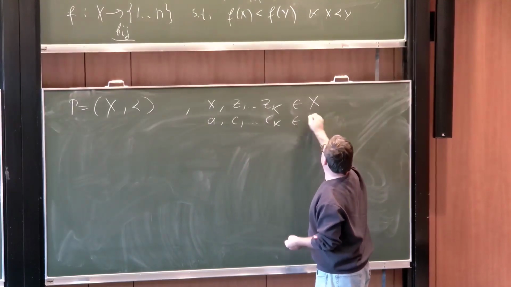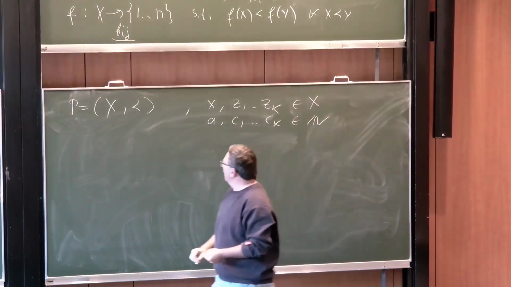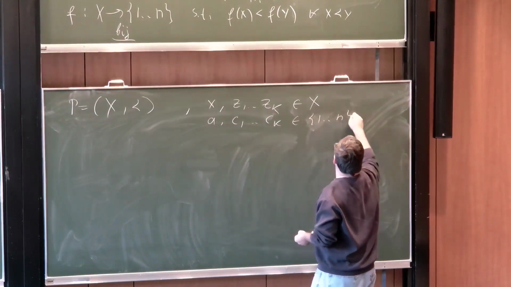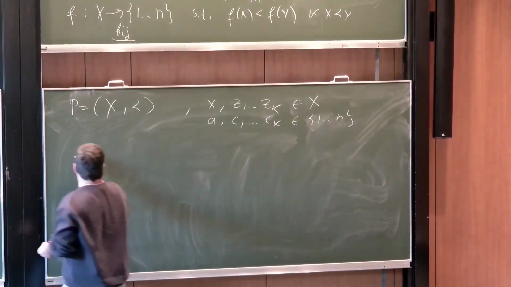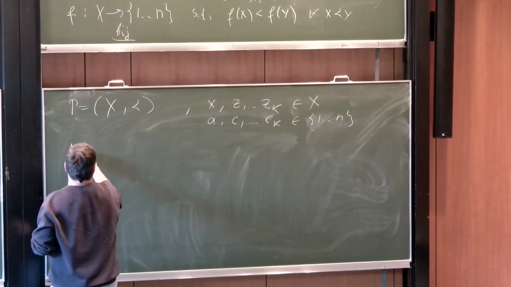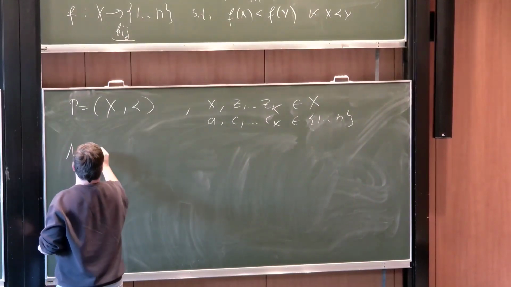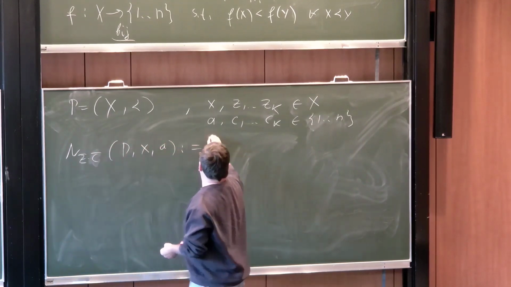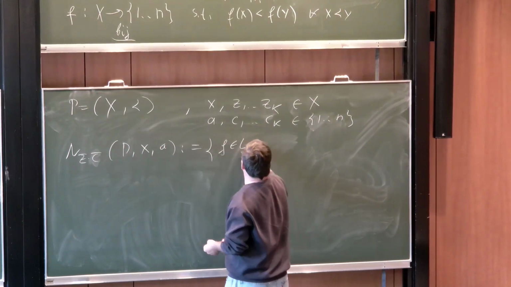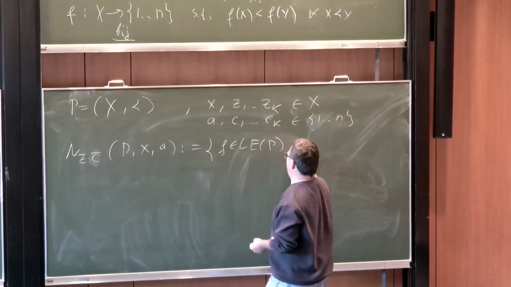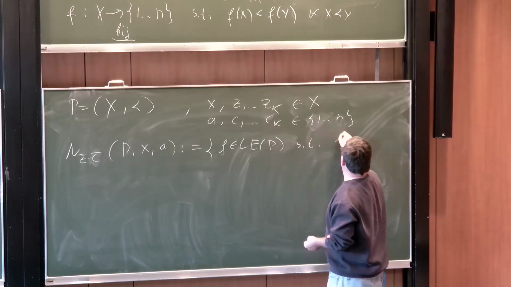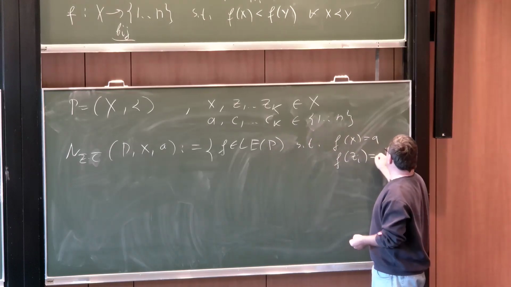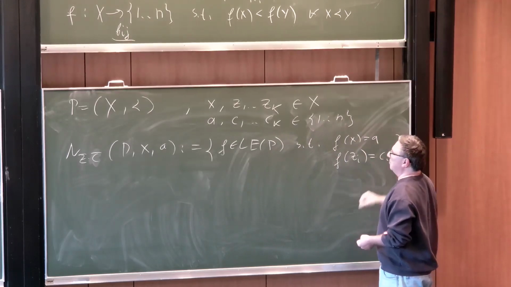So these are in X, and these are in 1 up to n. And I'm going to define N_{z,c}(P, x, a) to be the number of linear extensions of a poset such that f(x) equals a, that's a special element, and f(zi) equals ci.